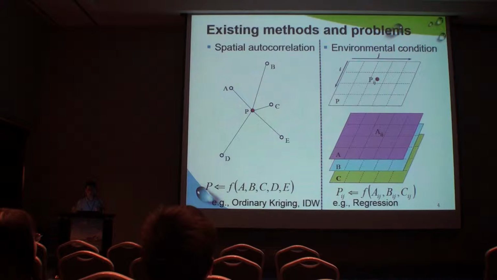For example, we first build a model based on the relation between the variable P, which needs to be predicted, and the environmental variables A, B, C, as you may see from this figure. The typical method based on the environmental condition is the regression method.